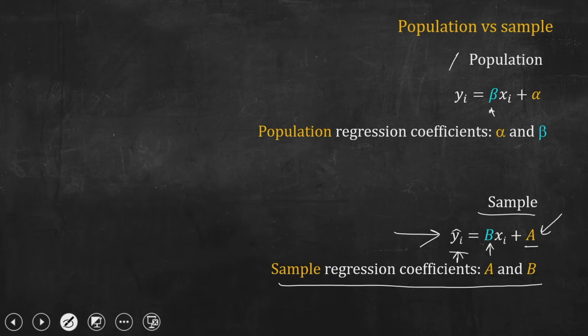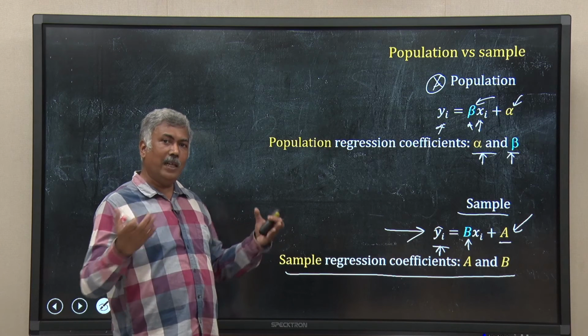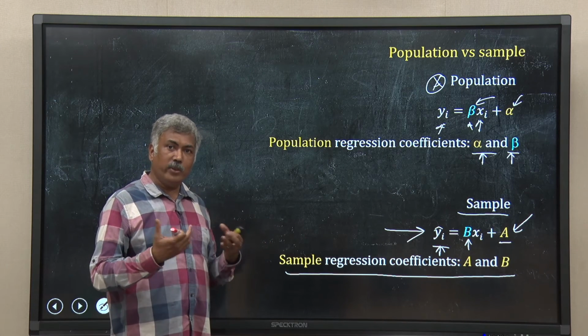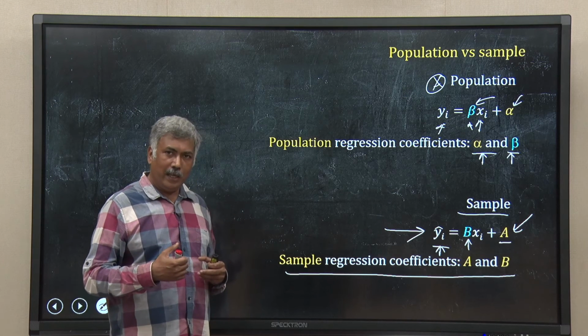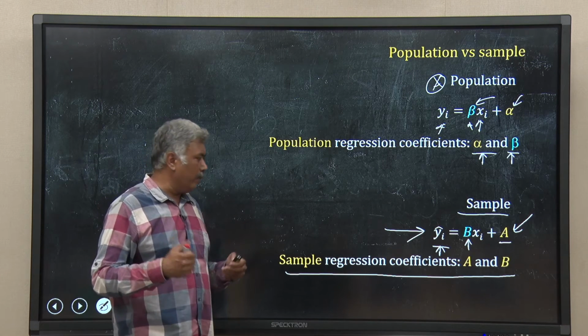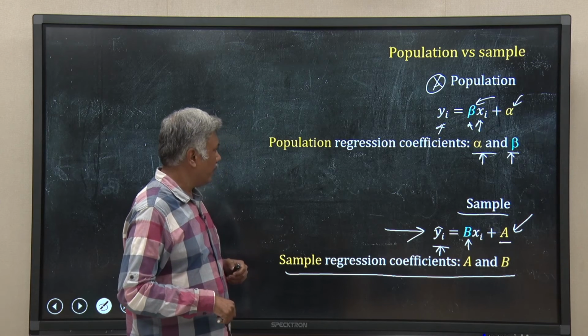In the population, imagine we have a linear relationship between x and y, and in that case the relation is y equals beta x plus alpha. So, alpha and beta are the real population level regression coefficients. If I somehow had the population level data and did the regression, I would get alpha and beta, although I will never know that, because I will never have population level data.